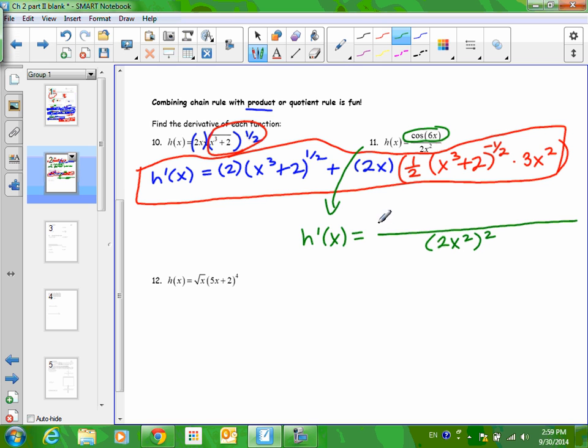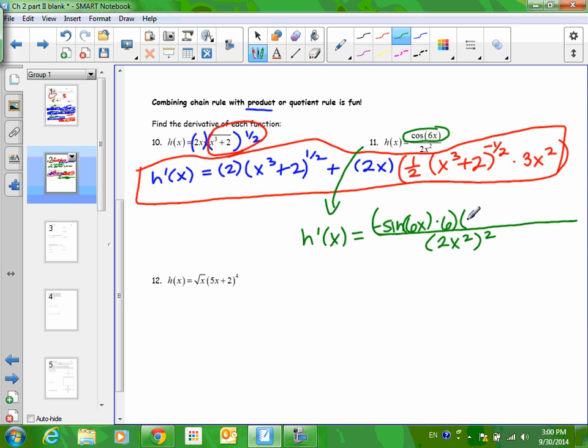So derivative of cosine 6x. Derivative of cosine is going to be negative sine. So I'm going to leave the 6x alone. Then I'm going to go times 6. Okay, everything that I just wrote, that's the derivative of cosine of 6x.